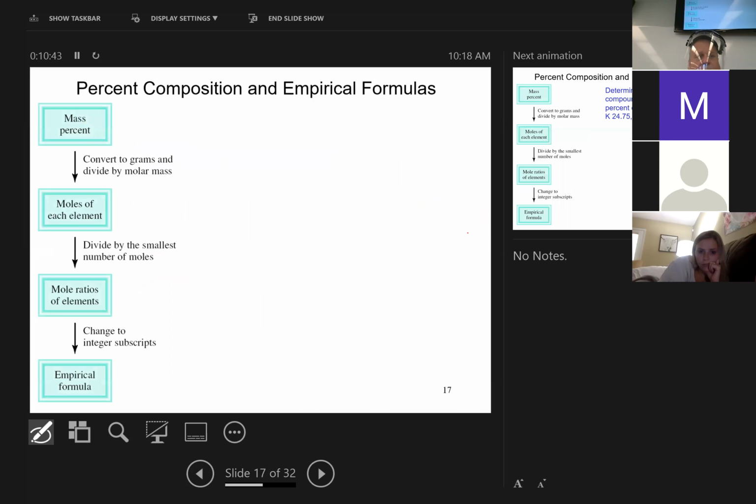Okay. Now, percent compositions and empirical formulas, okay? And the key thing regarding all these things is that empirical formulas have to do with a simple topic of the percent composition. The empirical formula is the mass ratio of each element.